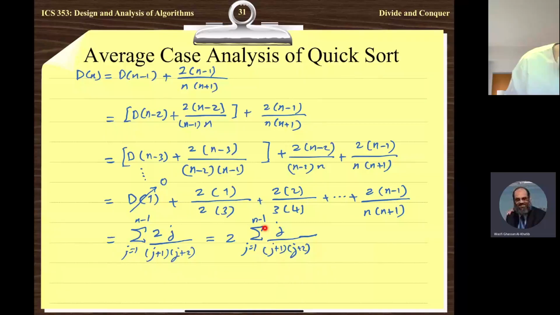So the idea is I'm going to take this fraction and break it.